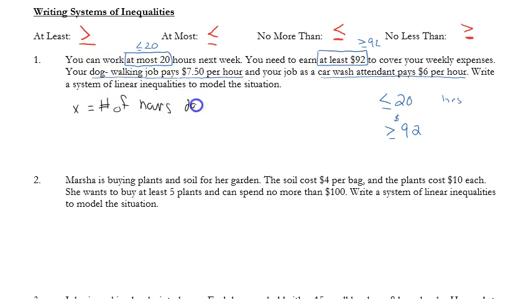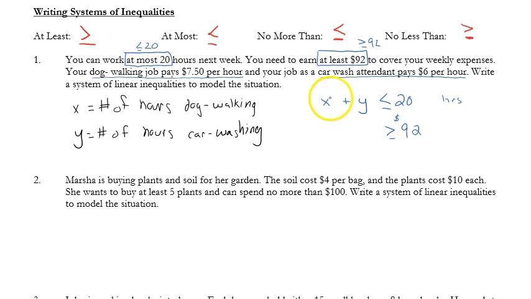Dog walking. And then Y is my other job, car wash attendant, and that's a per hour as well. That's a number of hours. Car washing. These are hours. The less than or equal to 20 is hours. So that's the inequality where I will add my variables.